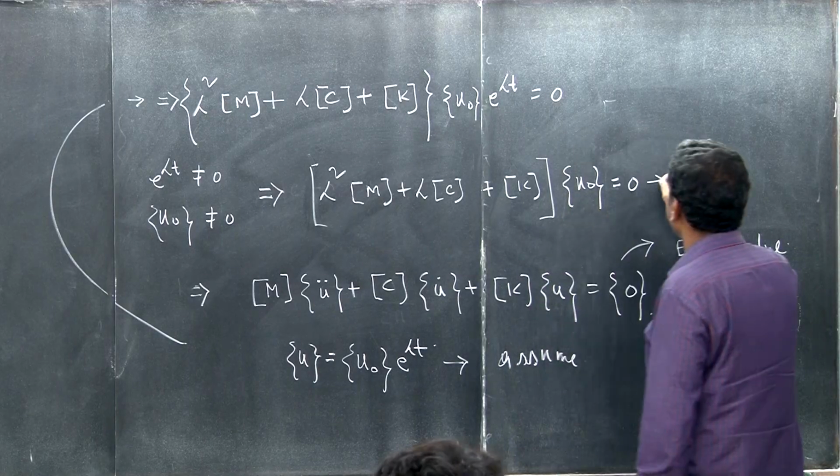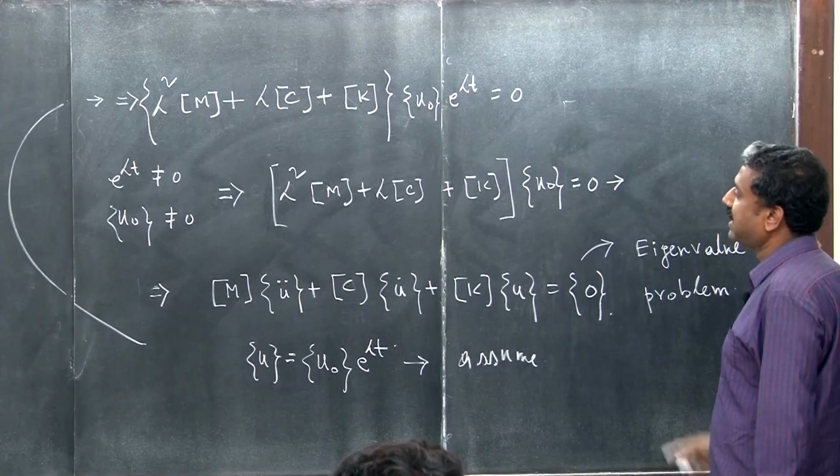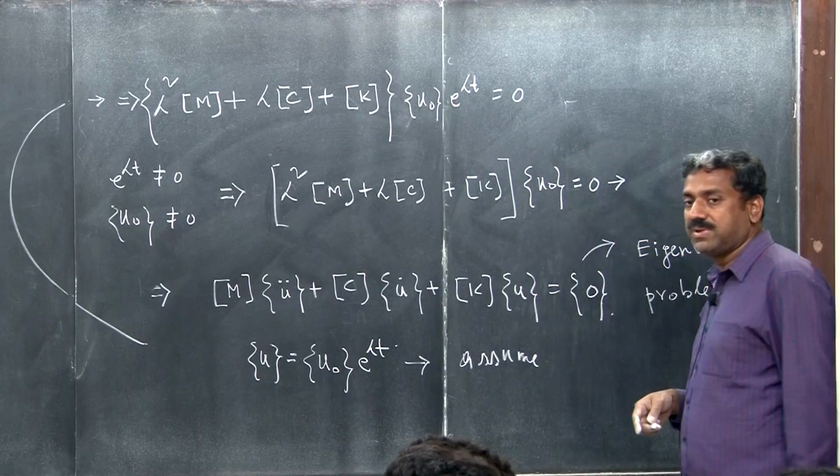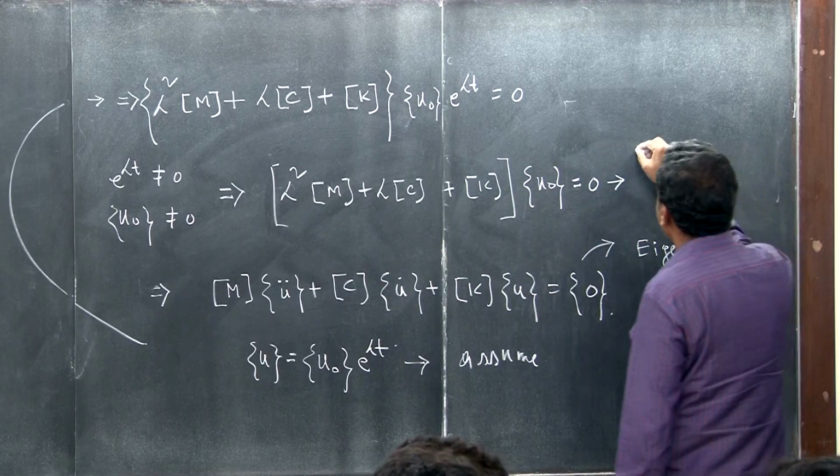So this is nothing but an eigenvalue problem, a quadratic eigenvalue problem, because this lambda is the eigenvalue. Of course, the determinant needs to vanish, right?